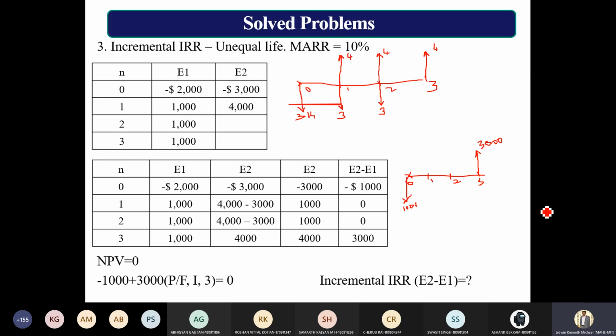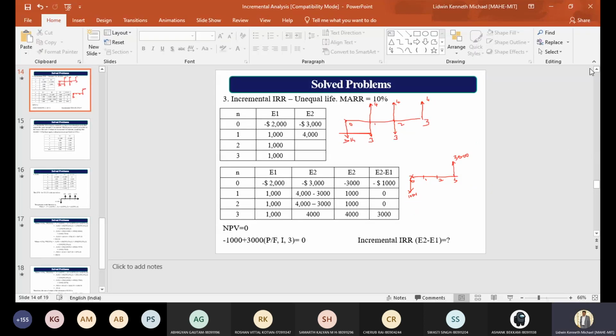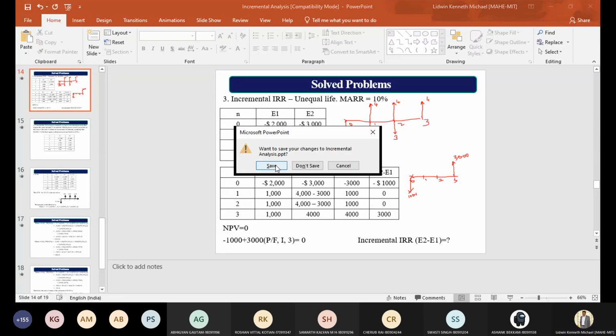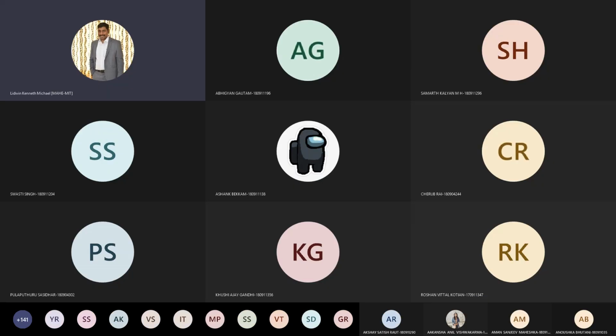So we will move on to the next topic that is called as the replacement analysis. Okay. So any doubts here? Any doubts in this part till now? Any doubts? No doubts? So you guys are clear with this particular topic? Okay, so what we'll do is we'll move on to the next chapter. It's a very interesting chapter.